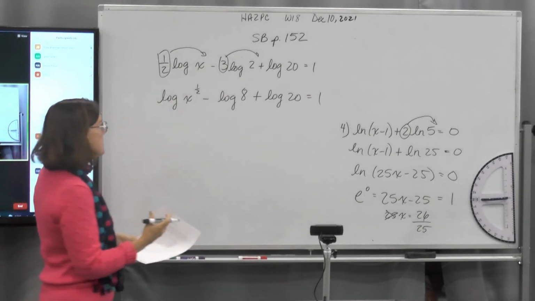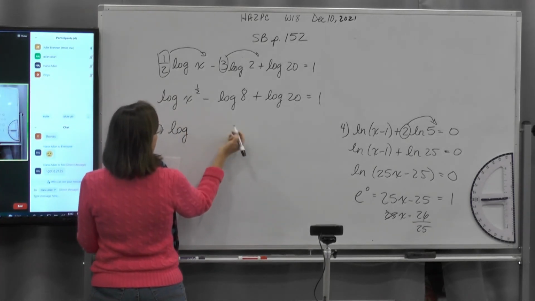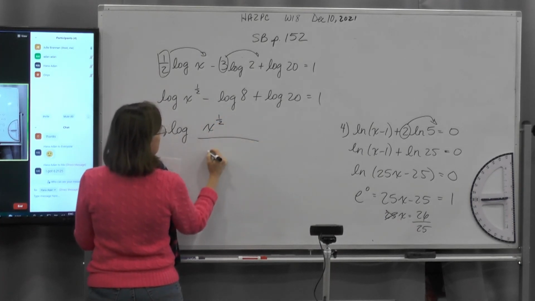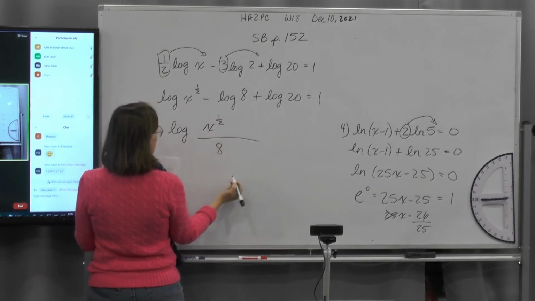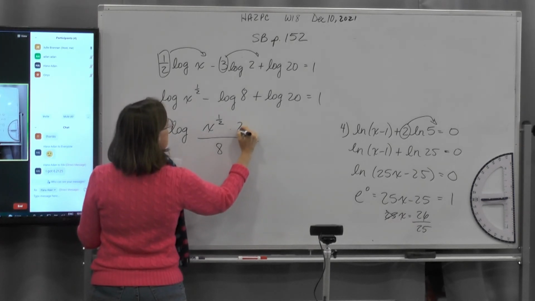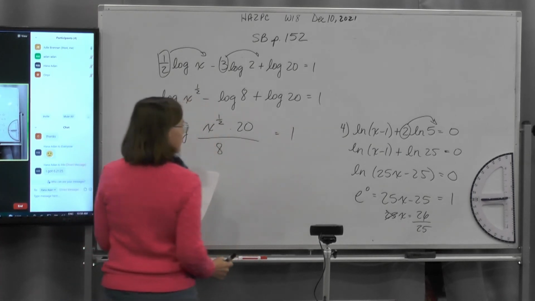Put them all in one log, right? The log of x to the 1/2, or the square root of x, either way you want to put it, minus 8, which means divide by 8 times 20, is equal to 1.